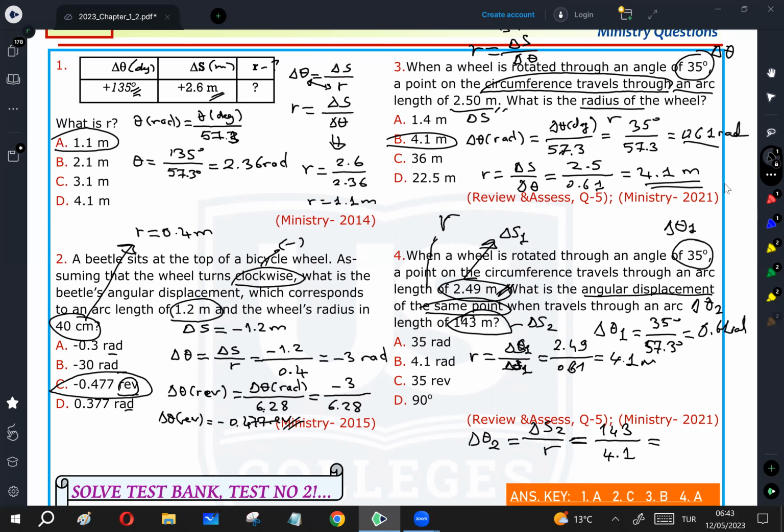So now let's divide 143 by 4.1. The result is 35 radians. Yes, true, that's 34.9. Of course, when you round it, it's going to be 35 radians, not meters, radians. So that is the correct choice for this question.